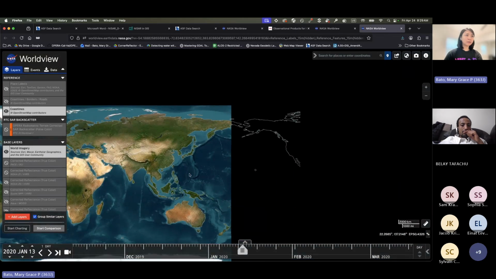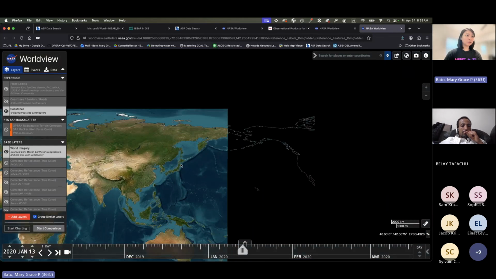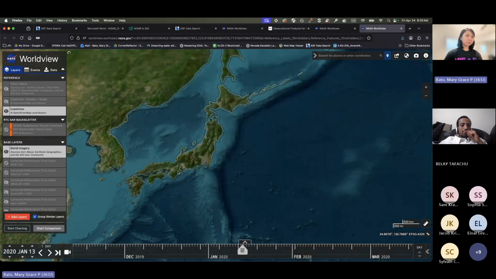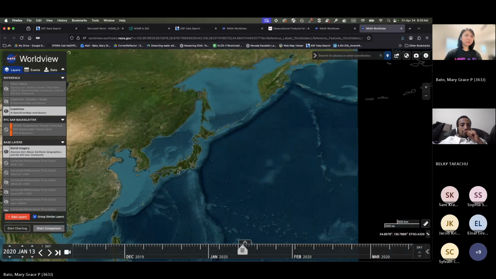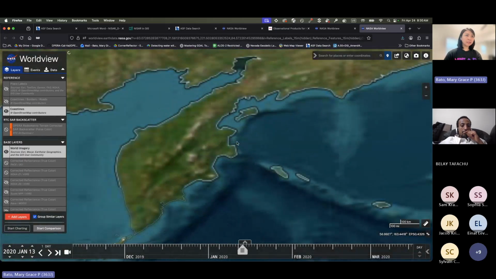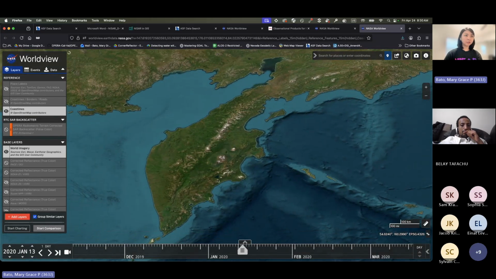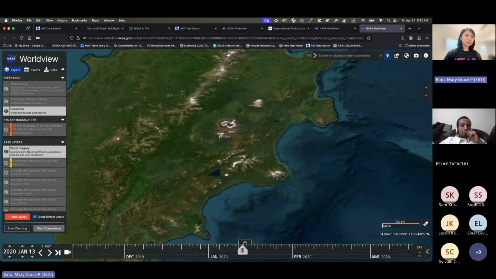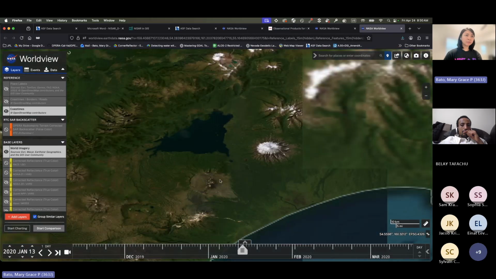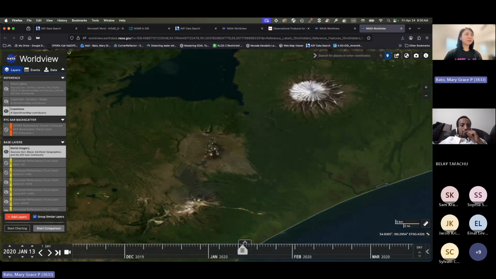In this case, I'm interested in looking at the eruption in Krasheninnikov last year after the large earthquake event in Kamchatka. So this is the volcano I'm interested in.